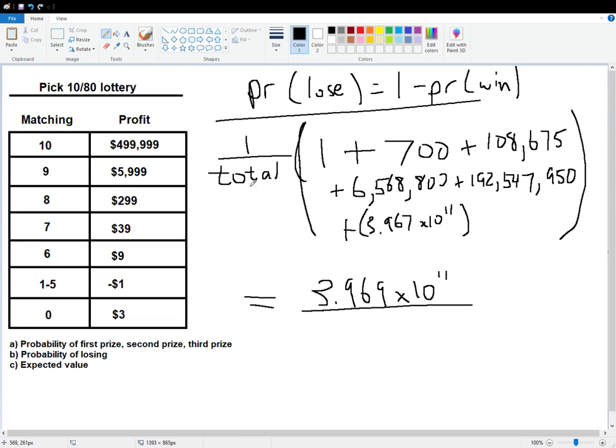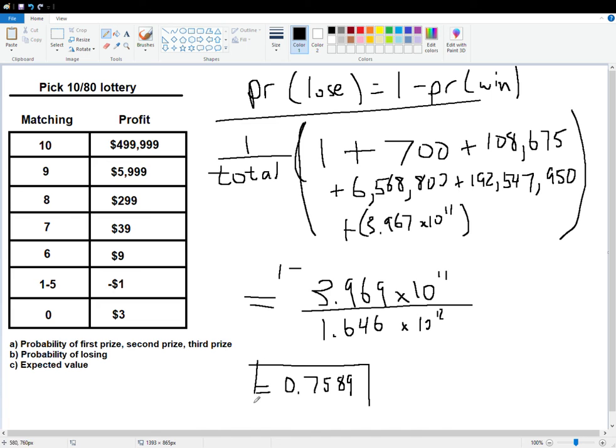Divide this by our total, which is 1.646 times 10 to the 12th. And now, if we do this into our calculator, we're going to do 1 minus this. We're going to get 0.7589 roughly.